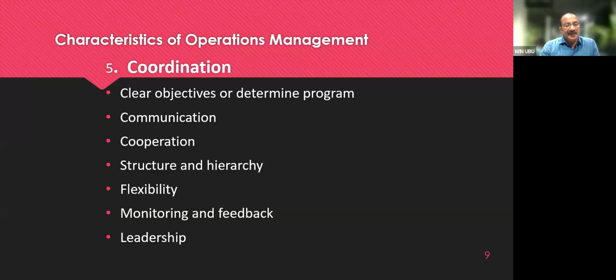Structure and hierarchy. Operations can support HR in obtaining or maintaining the structure or hierarchy. Structure means the organization structure, and hierarchy means how the reporting system flows from top to bottom.